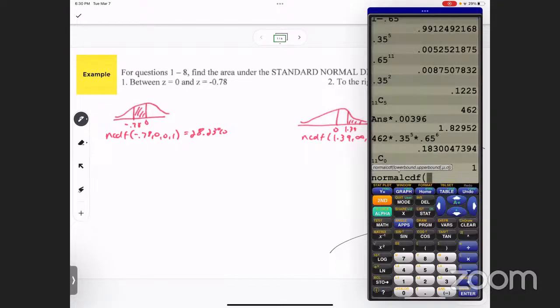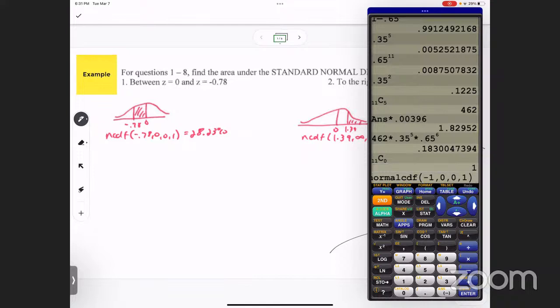Yeah. So that's what I'm going to type in. I'm just going to test it with this one, example number one that you have here. The left limit, comma, the right limit, which is 0, comma, and then you type in 0 and 1, because those are the parameters you're putting in there.